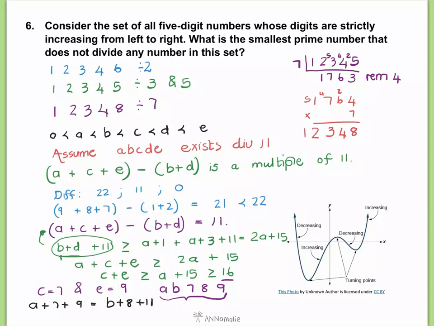If I simplify both sides, I get that A is equal to B plus 3, which is greater than B. And that is a contradiction. So that means that a number with strictly increasing digits from left to right will never ever be divisible by 11.